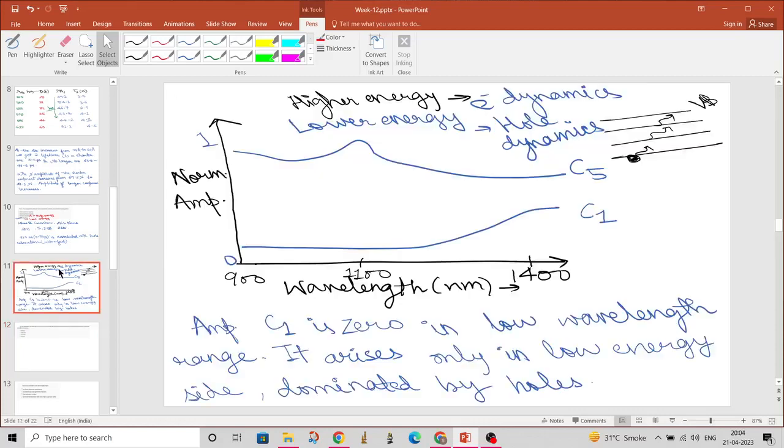We have seen in the previous question that lower wavelength is dominated by electron relaxation, higher wavelength is dominated by hole dynamics.